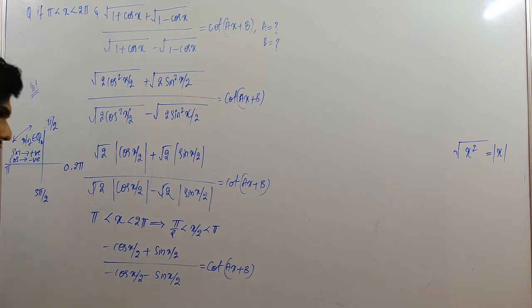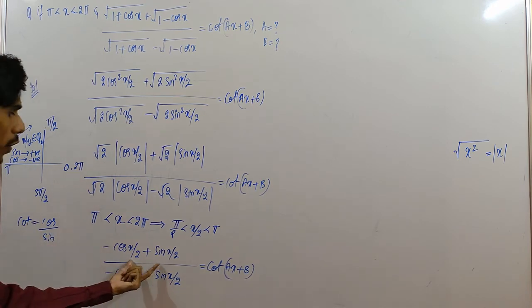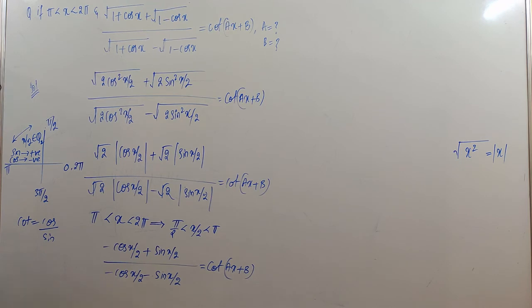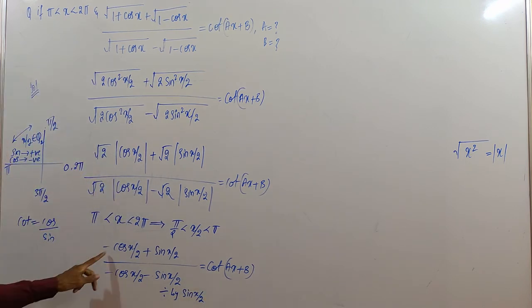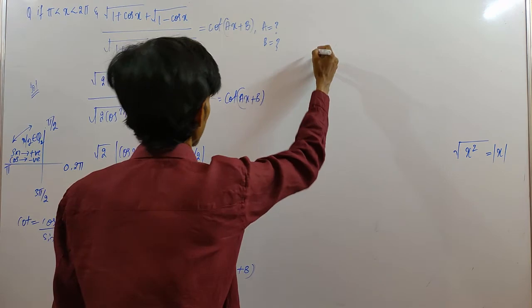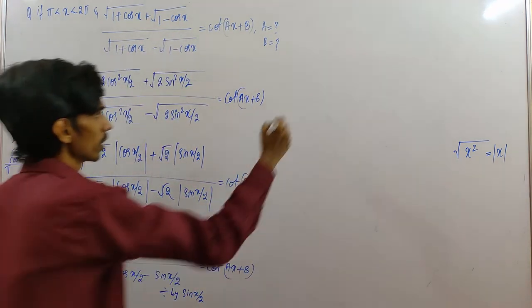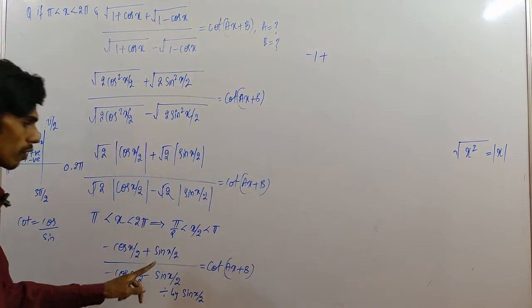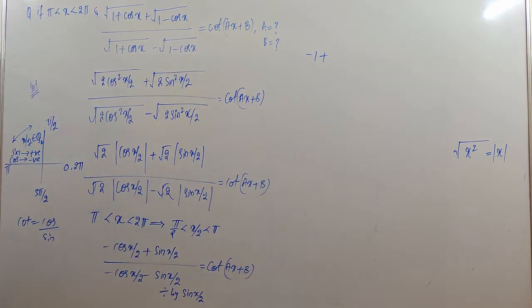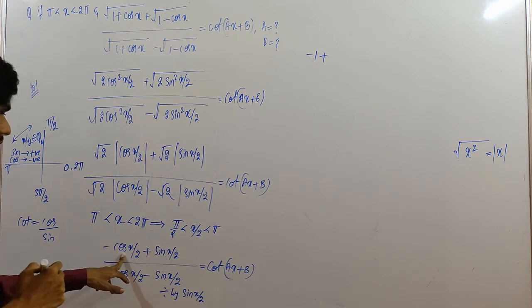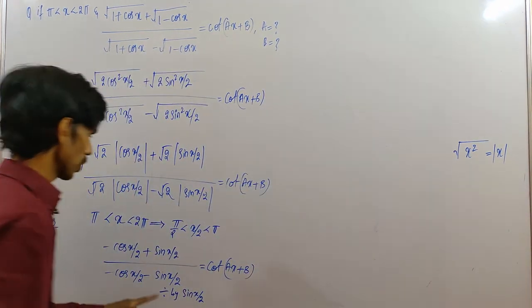Here we have cot. Cot is cos by sine. If we want cot here also, we have to make cos by sine. So divide numerator and denominator by sine x by 2. This term will become minus 1, and sine by cos, since we are dividing by sine, will become cot.